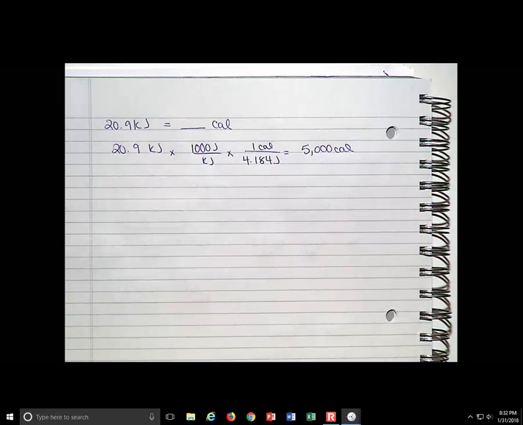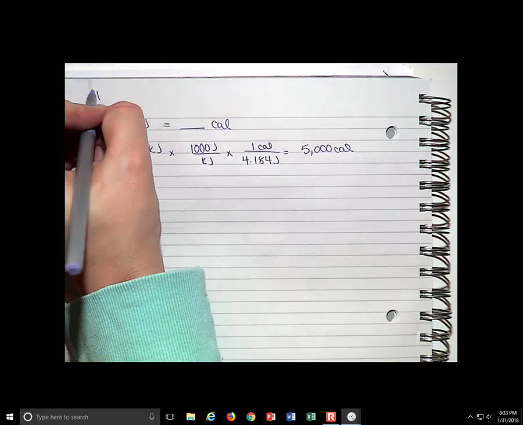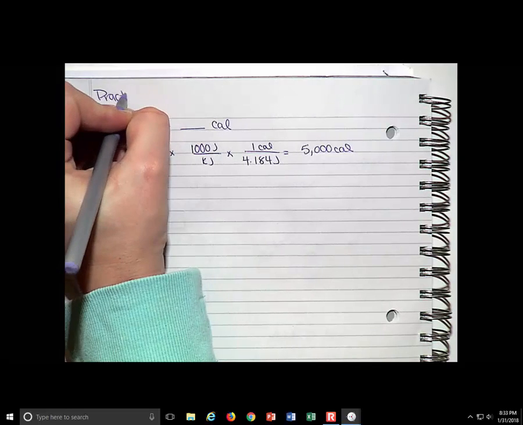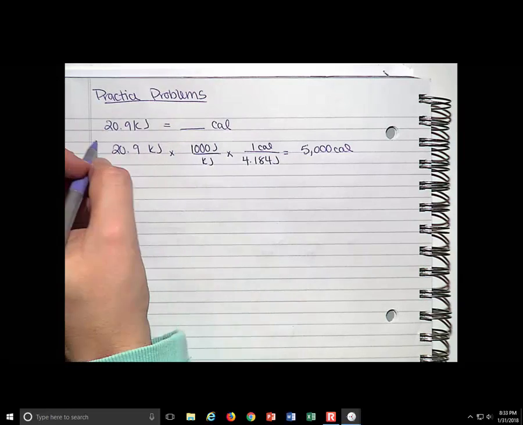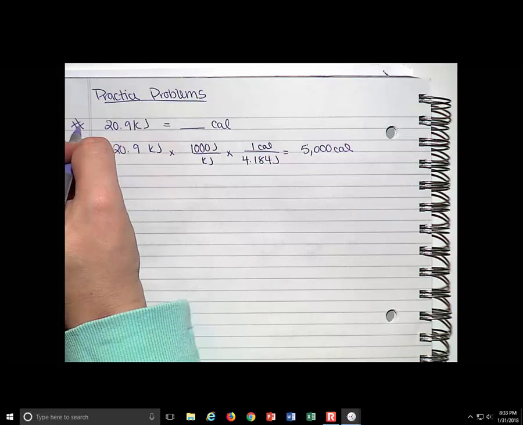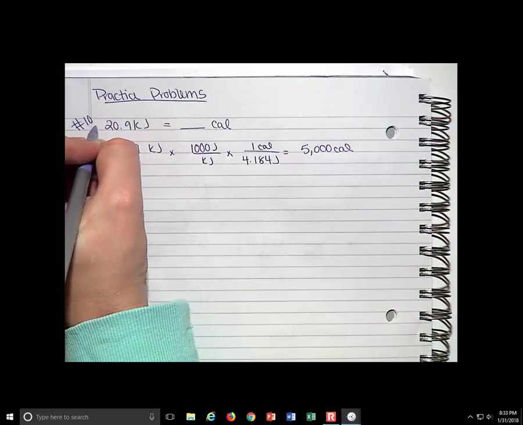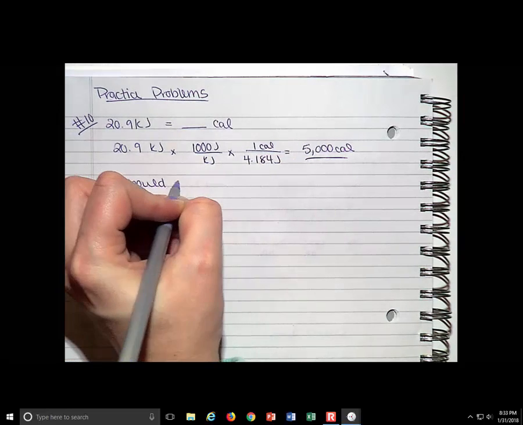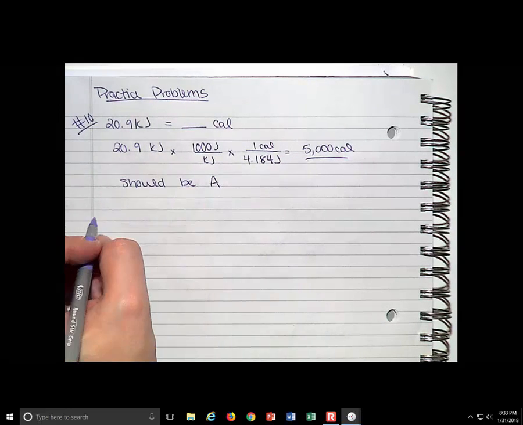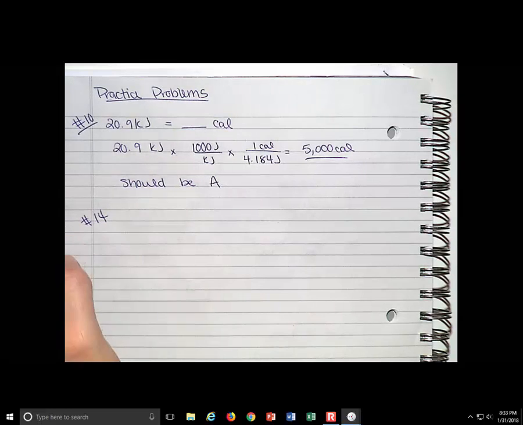Should we go over the other one that has a typo? 14. So this is the practice problems. What do you guys think 14 should be?